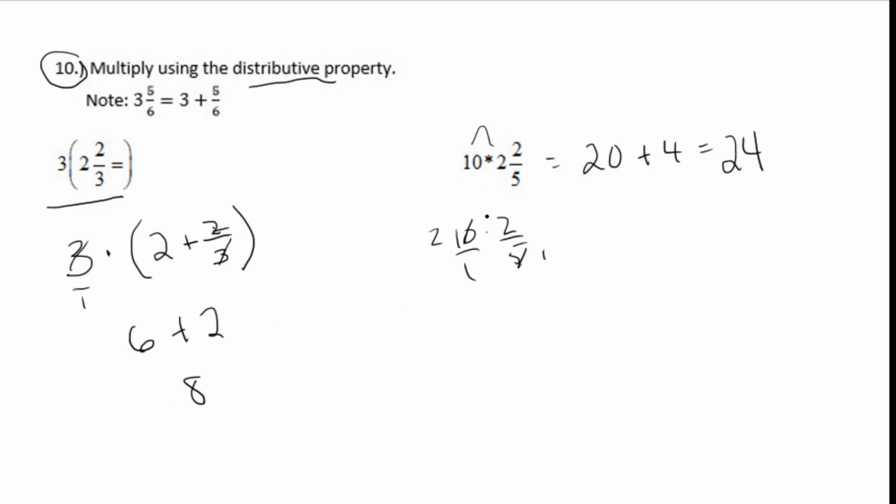The problem comes in, if you want to change them into fractions, what about doing this? 10 times 100 and 1/5. Gets ugly to do this as a fraction, but I can do this simply. 10 times 100 is 1,000, plus 10 times 1/5 is 2, so it's 1,002.